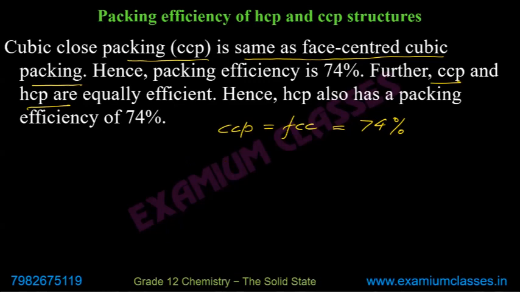So you can say in efficiency, CCP equals HCP, again 74%. And these things you need to remember. CCP equals FCC equals HCP. Efficiency wise, they are the same. You don't need to go into much detail of the structure. Never ever will questions be asked from there.